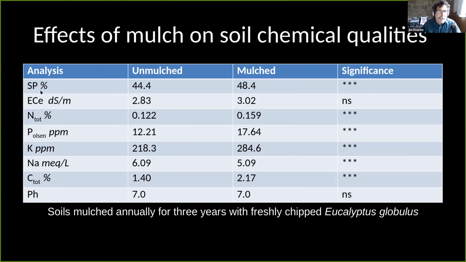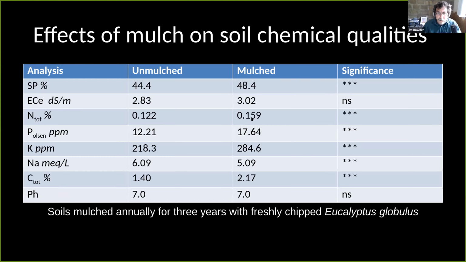There are a variety of other analyses that we can look at, and this is indicating whether the mulch effect was significant or not. In this study, these trees have been mulched for 3 years by eucalyptus, and again, fresh eucalyptus, not anything composted. We saw the moisture content go up a little bit in the soil under the mulch, so the saturation percentage. The salinity stayed the same, no difference.